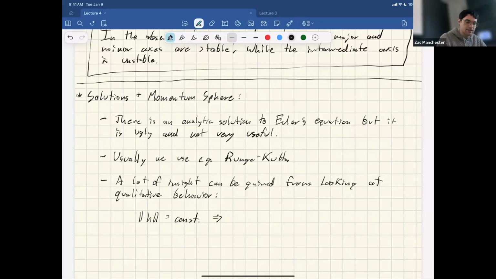So this means that no matter what happens, if I have a free rigid body, no applied torques, it's just tumbling around. Because of this conservation law, the solutions have to lie on a sphere always, right? If momentum is conserved, if I write the dynamics in terms of H, that H vector is confined to the surface of a sphere. So we're going to call that the momentum sphere.